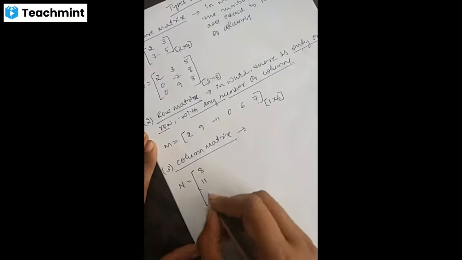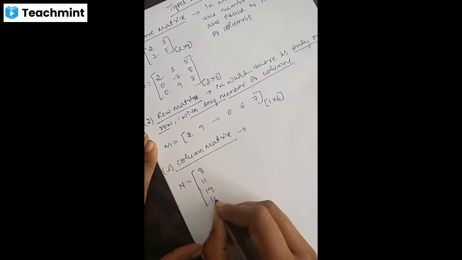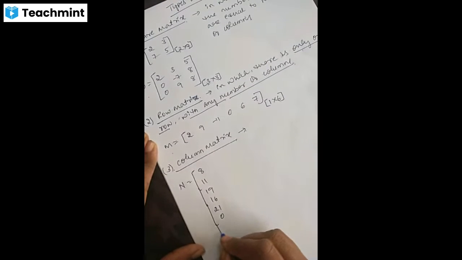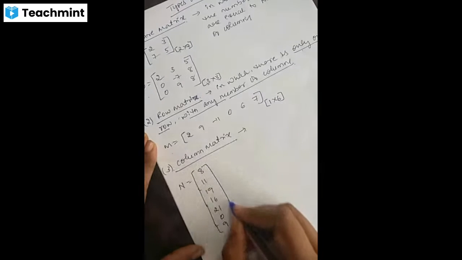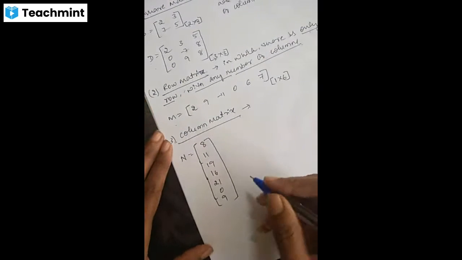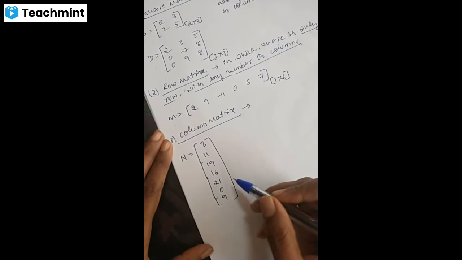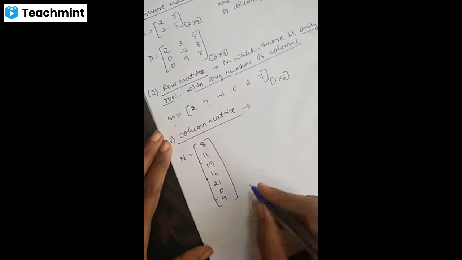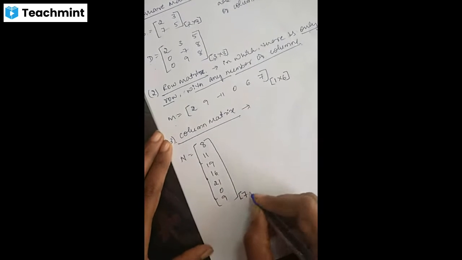8, 11, 19, 16, 21, 0, 9. What is the order of this matrix? 1, 2, 3, 4, 5, 6, 7. 7 rows are there.